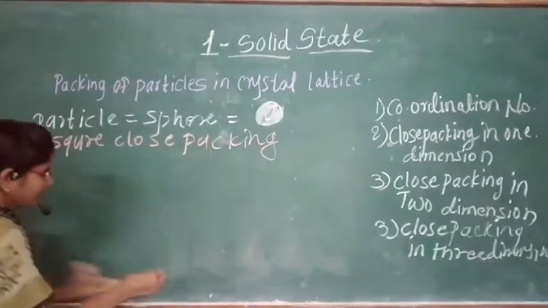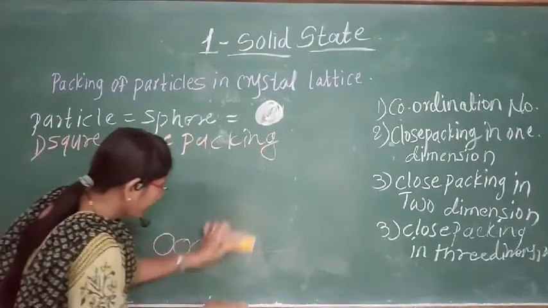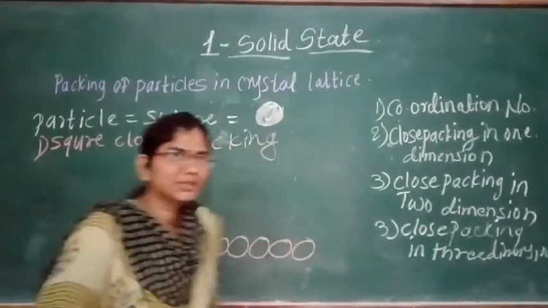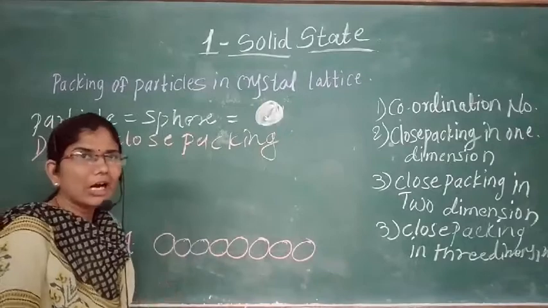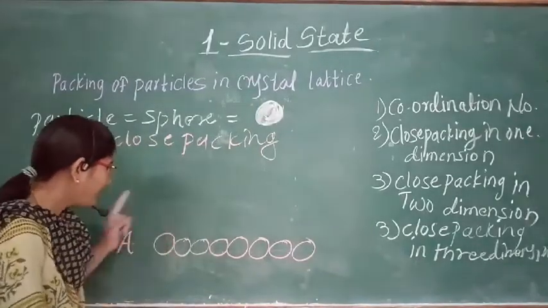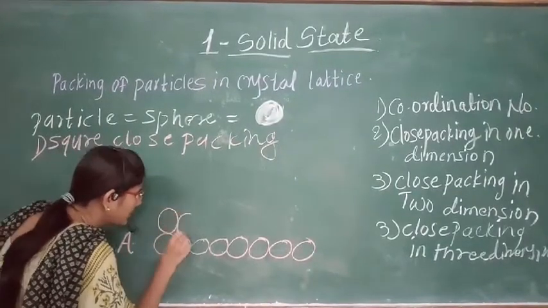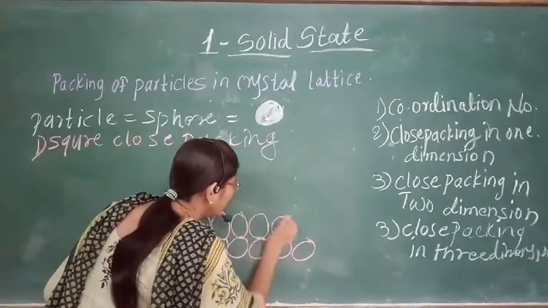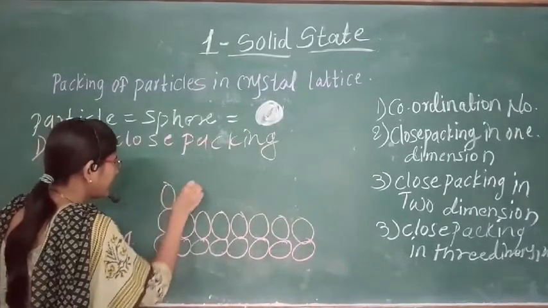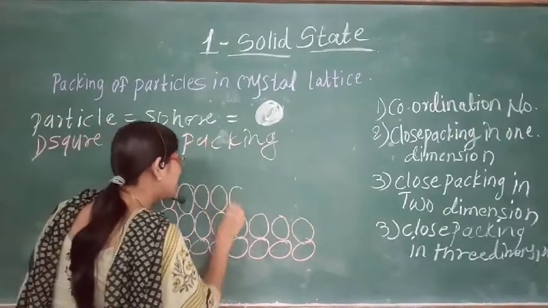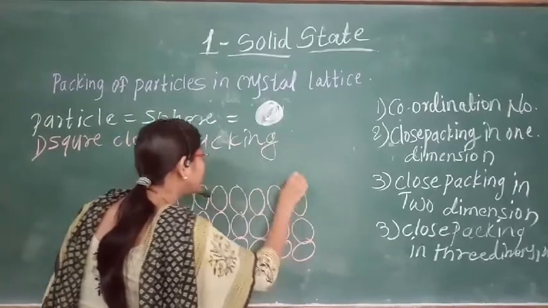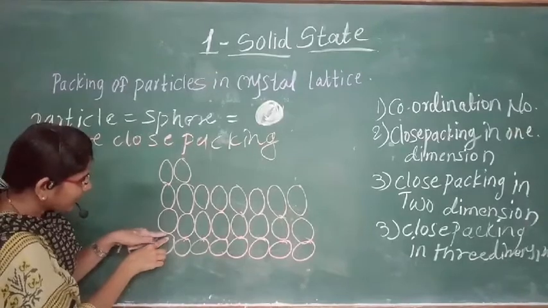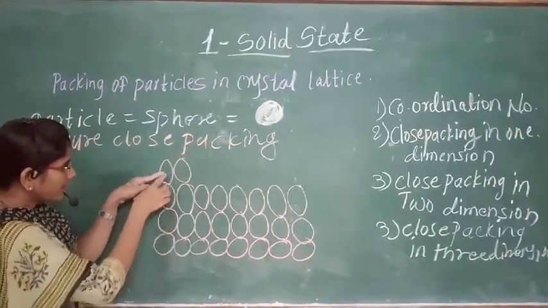If we have a one-dimensional structure, and suppose this is the row A, and on the troughs of this row we stack a second row of spheres, each and every sphere stacked on the trough, then it forms a square close packing. Again, on the trough of the second row we stack the third, and so on.